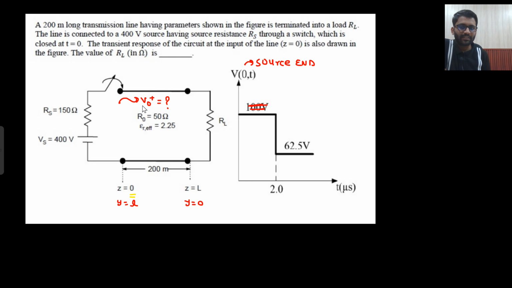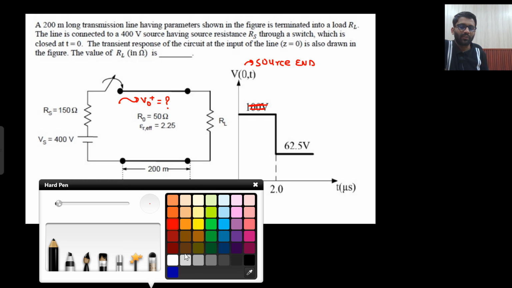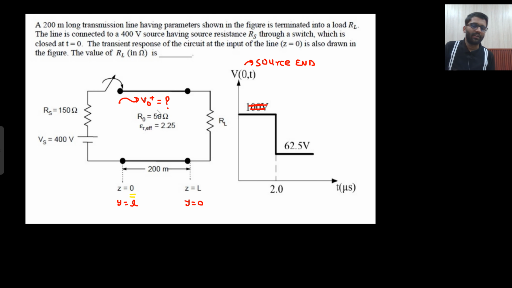We need to replace this transmission line with its Z naught, which is equal to 50 ohm. So what am I going to get? Here there is 400, this is 150, and then I will be replacing it with 50 ohm.